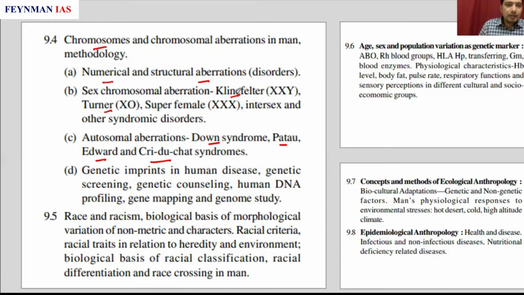Once you finish talking about abnormalities in chromosomes, either in number or in structure, next, what do you do? You study these miscellaneous topics as part of 9.4D, where there is genetic imprinting. Imprinting is also one such scenario where diseases are possible. So what is imprinting? And once you study the causes and reasons behind these genetic diseases, we learn about screening, how to screen for these genetic abnormalities.